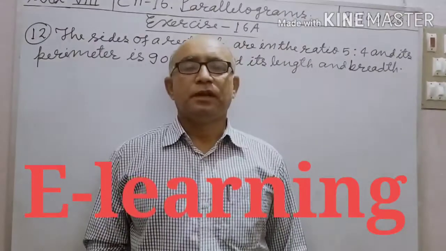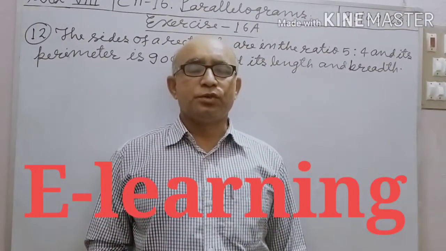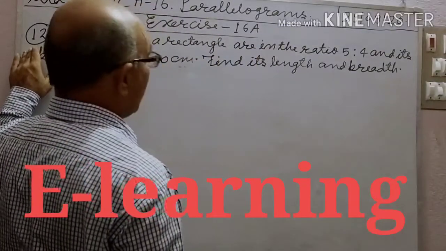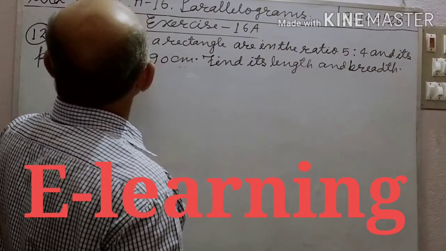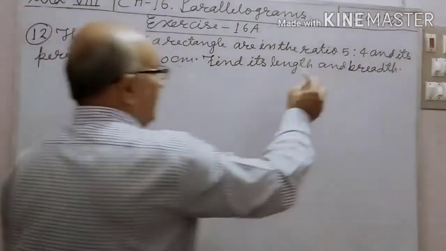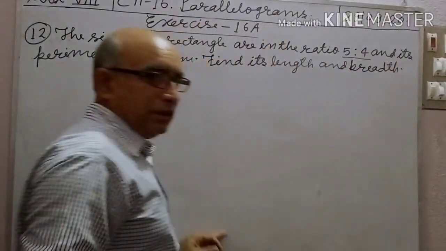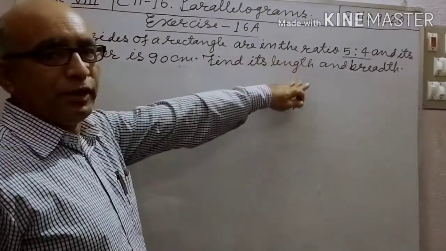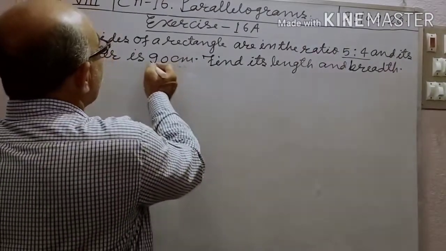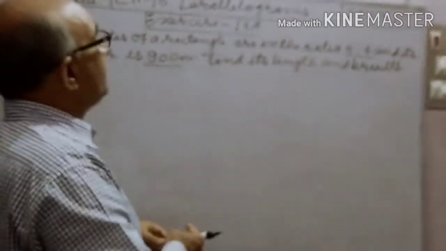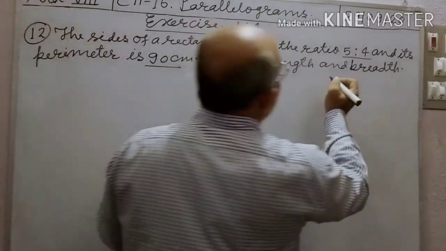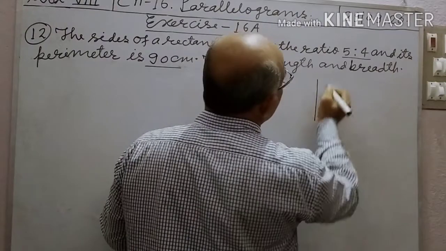Friends, next question is question number 12. The sides of a rectangle are in the ratio 5:4 and its perimeter is 90 cm. Find its length and breadth. So draw a rectangle ABCD.